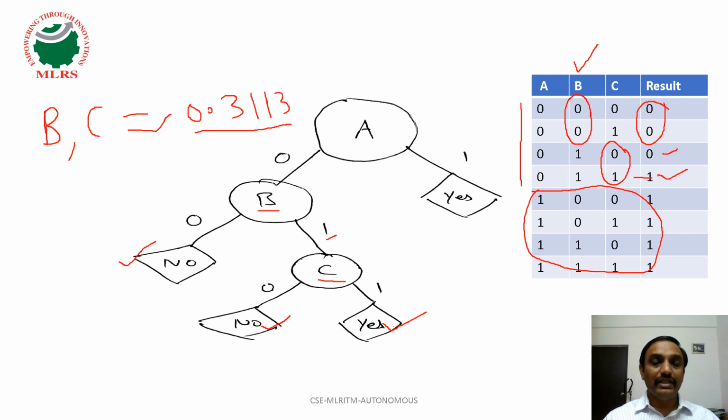While constructing decision trees, you have to mainly concentrate on entropy and information gain. The node which has the greater information gain value is to be selected as the root node.